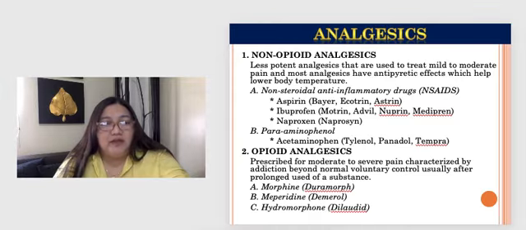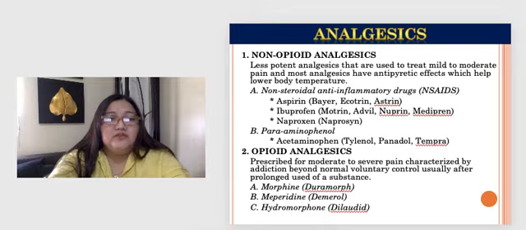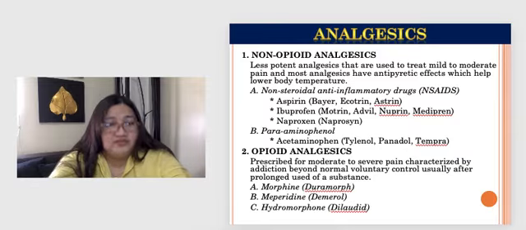Next, yung acetaminophen, Tylenol, Tempra, Biogesic. Okay? Sila, magaling din sila sa pain, pero very effective din sila sa fever, aside from that. Alright? The second group of analgesics are the opioid analgesics.